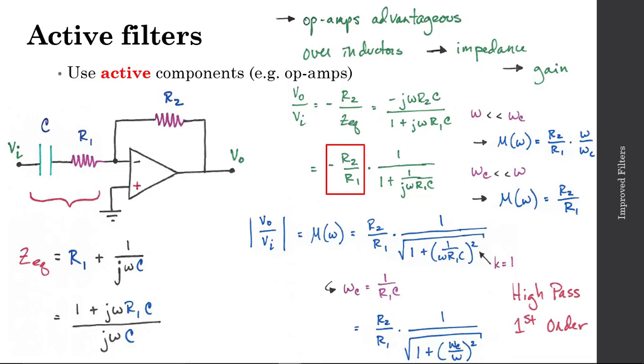So this operational amplifier circuit here is behaving as an active filter, giving me both a gain as well as the filtering of the lower frequency signals. So it's a high pass first order filter that is comprised of active components.